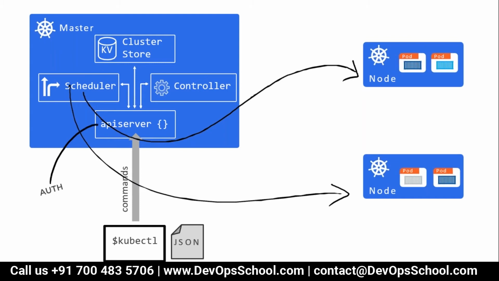One pod may have one container, or multiple containers. We also understand the pod gets an IP address from the kube proxy, and the same IP address is shared by all the containers of that particular pod. So these are the things which we have learned, and many more.